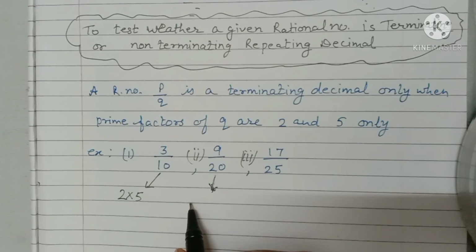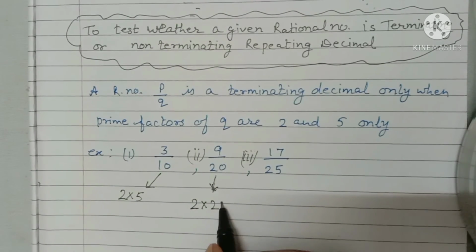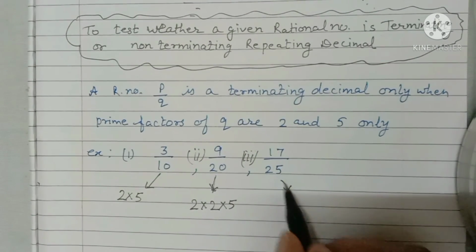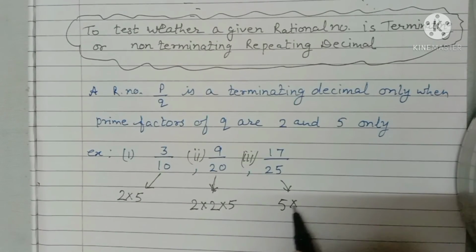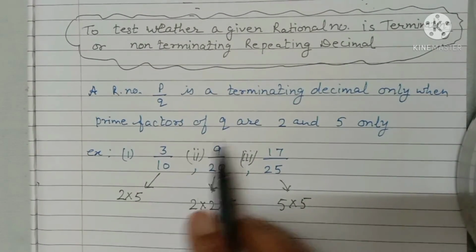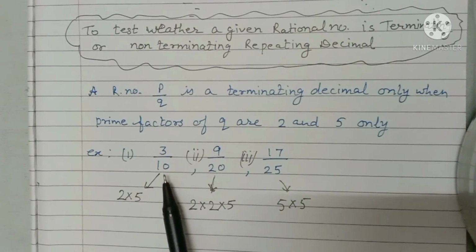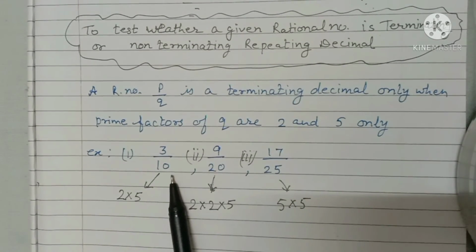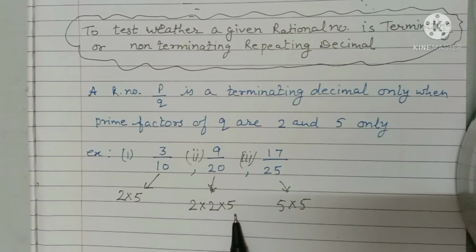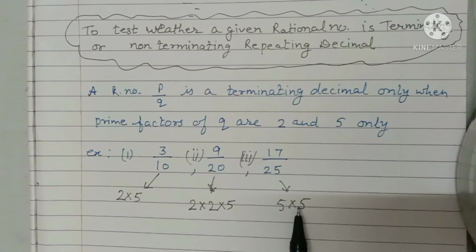Break it into prime factors: 2 into 2 into 5 is 20. And the prime factors of 25: 5 into 5. So according to the definition, the denominator q has the prime factors 2 and 5, and in the third part 5 is the prime factor.